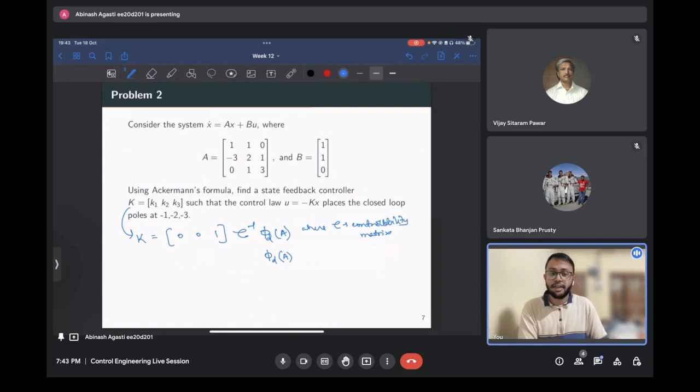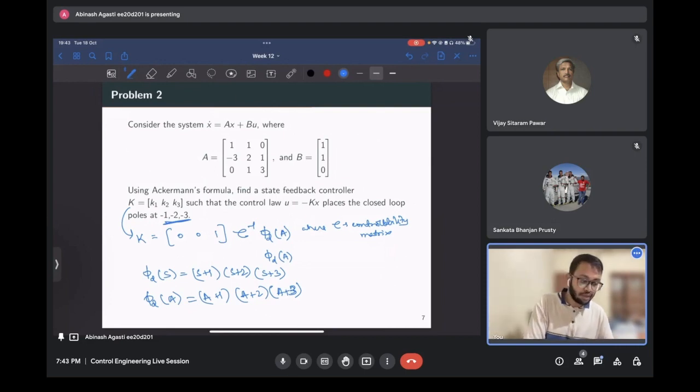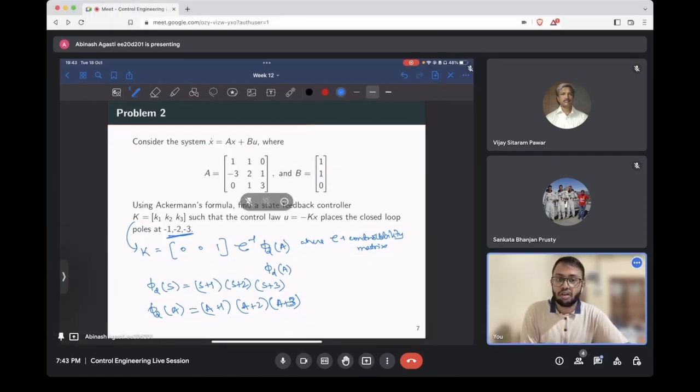So phi d is basically the desired closed loop pole location. We want the closed loop poles at this. So this is phi d of s. Now for phi d of A, we just substitute A in terms of s. We'll use MATLAB for this particular problem, but the process is entirely the same. Just give me a moment. I'll open MATLAB.